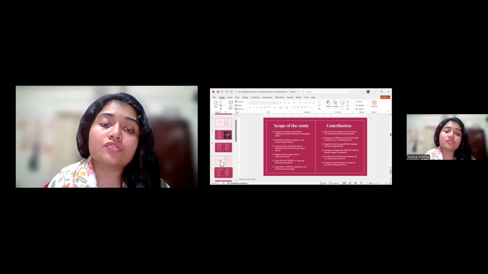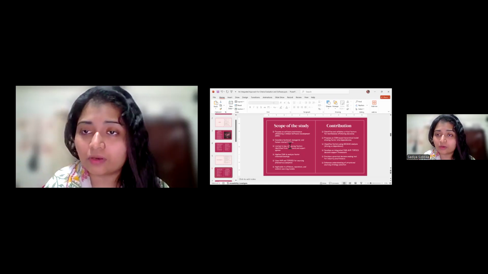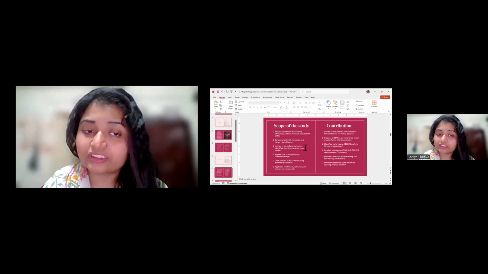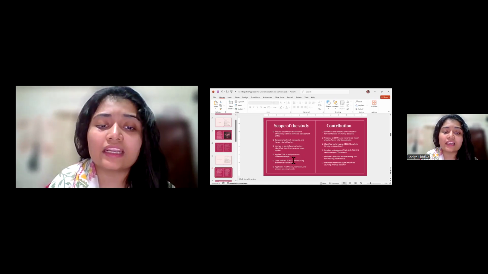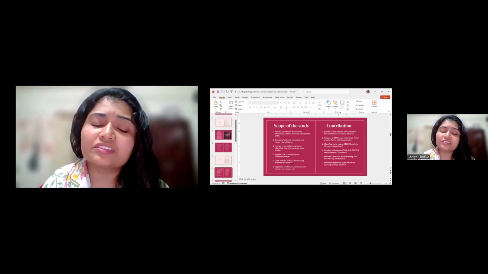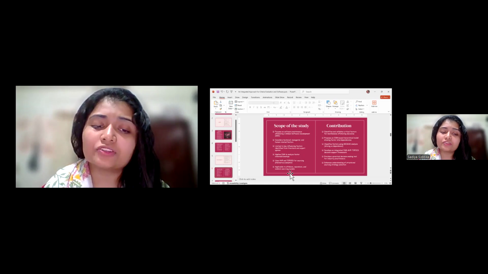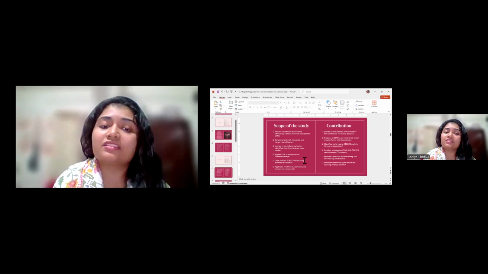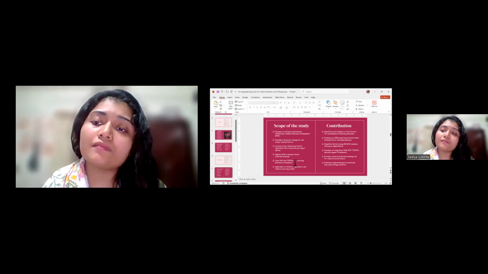The scope of the study focuses on software maintenance offshoring in global software development, considers technical, managerial, and human-related factors, is limited to key influencing factors identified from literature and expert opinion, applies ISM to analyze factor interrelationships, uses AHP and TOPSIS for sourcing alternative evaluation, and is applicable to offshore, nearshore, and onshore sourcing models. So these are the scope of the study, and next is the contribution of this research paper.